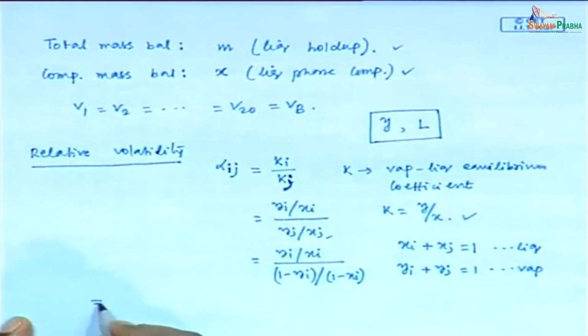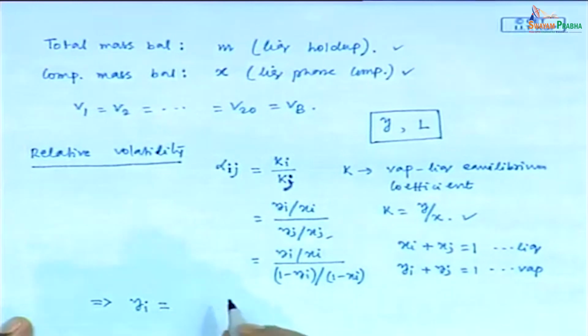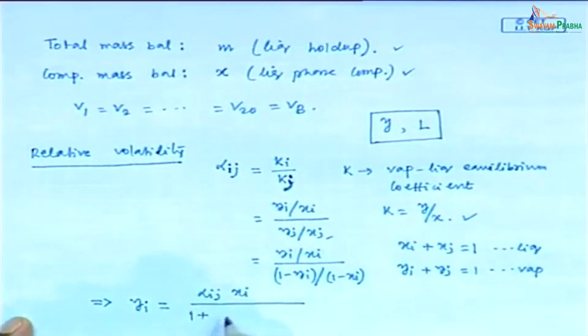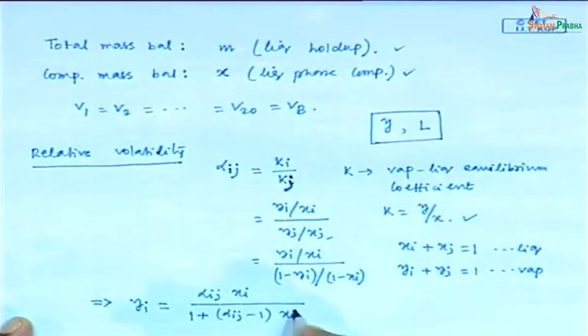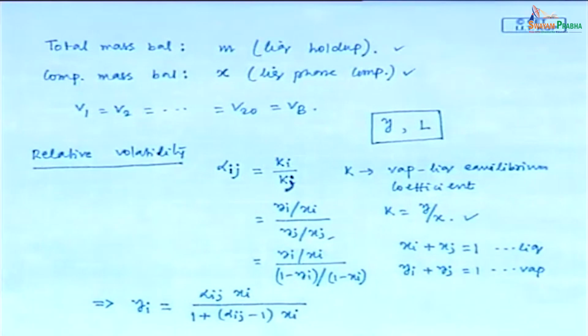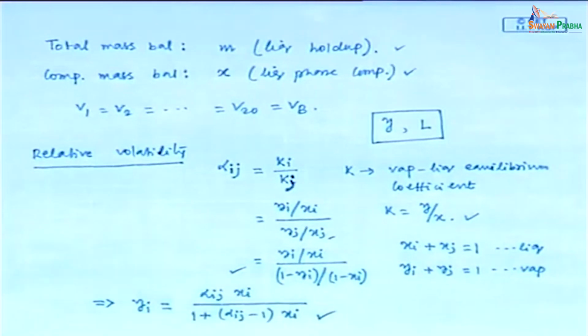If we rearrange this equation, finally we will get yi equals alpha ij xi divided by 1 plus alpha ij minus 1 into xi.